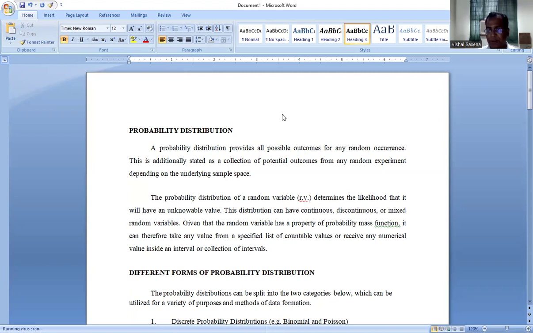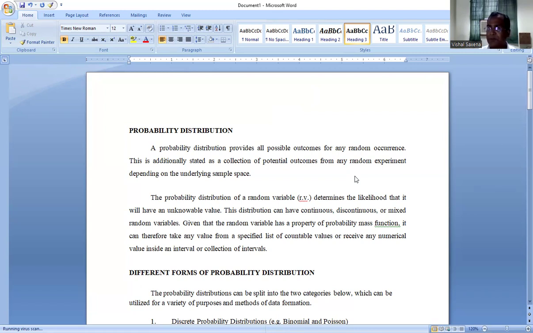This is additionally stated as a collection of potential outcomes from any random experiment, depending on the underlying sample space. That means, what are the possible outcomes for the different random variable values in a sample space.